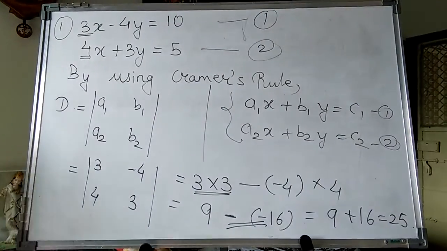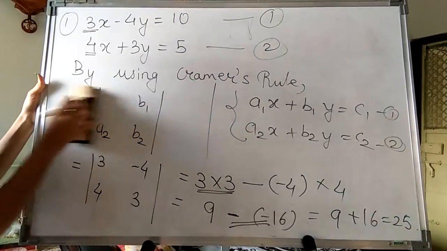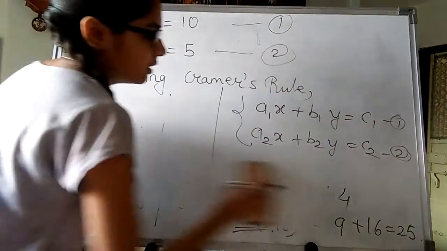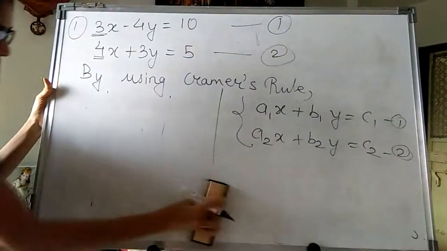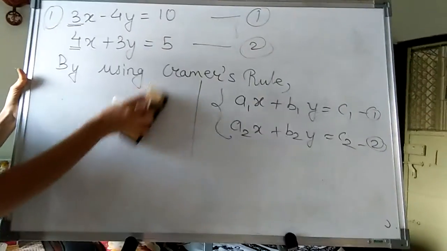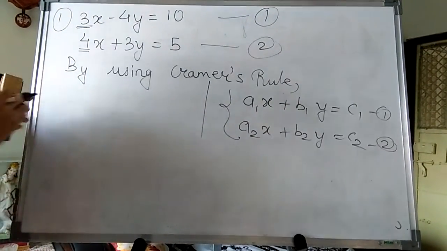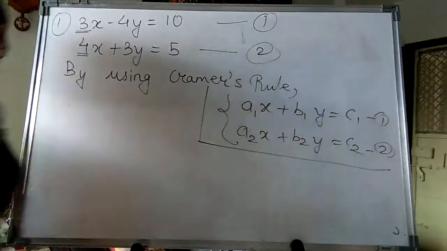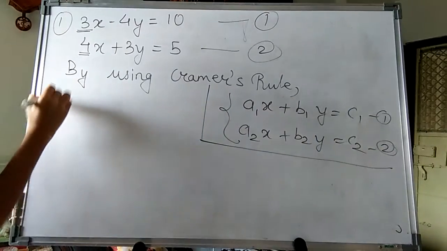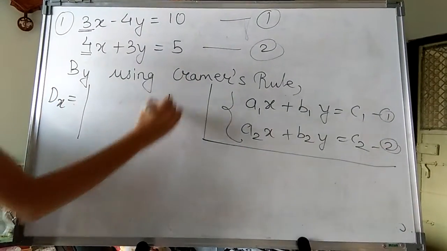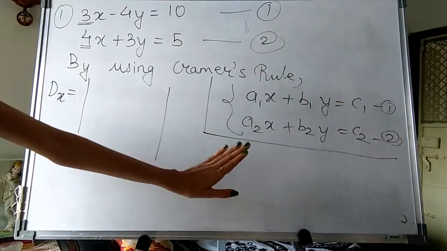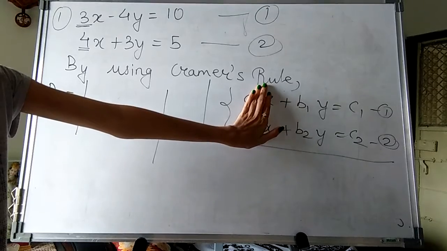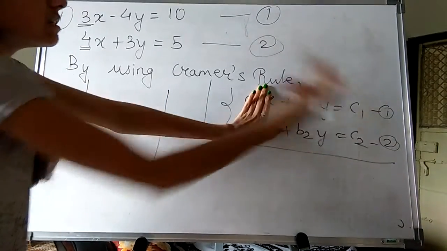Now next we will go for dx. I am not rubbing this standard form of linear equation in two variables so that you will understand it more properly. Now dx. What is your dx first? Write it from here. What are you going to leave for dx? You are going to leave the x variable, and you are going to start from C1, C2.